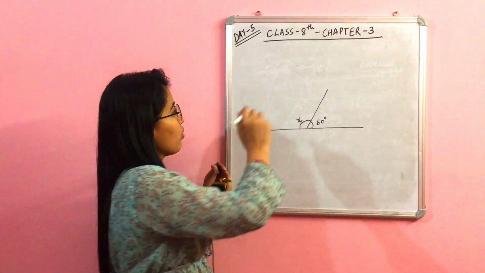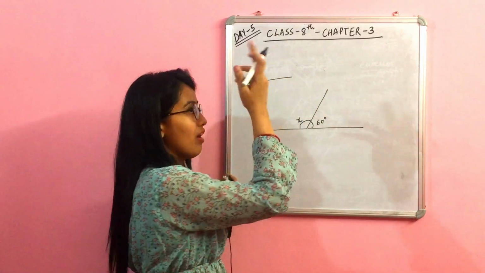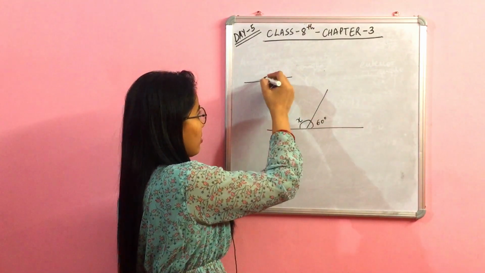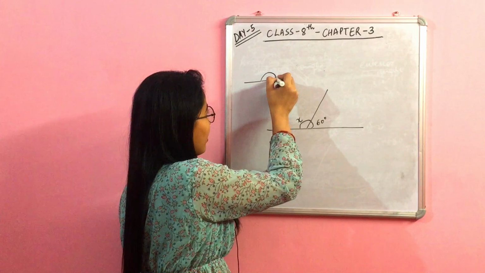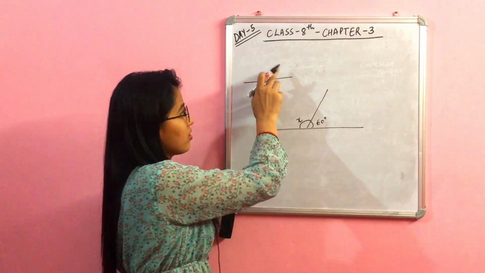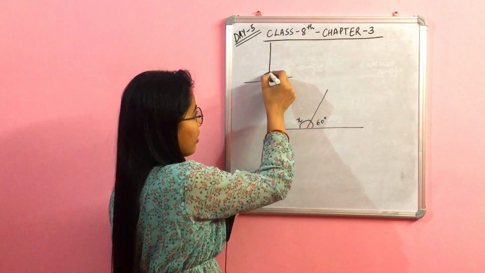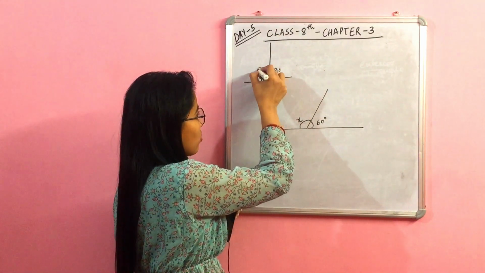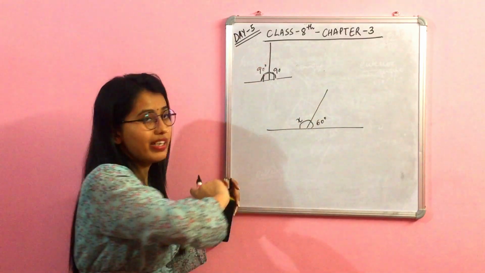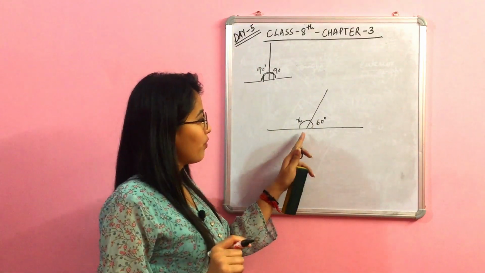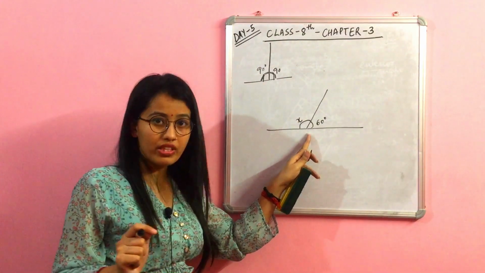Now we know, if you remember from the earlier classes, that this is 180 degree. This is a circle, right? If you make a 90 degree angle, this is 90, this is also 90, and 90 plus 90 is 180 degree. So with this concept we can solve this one also.